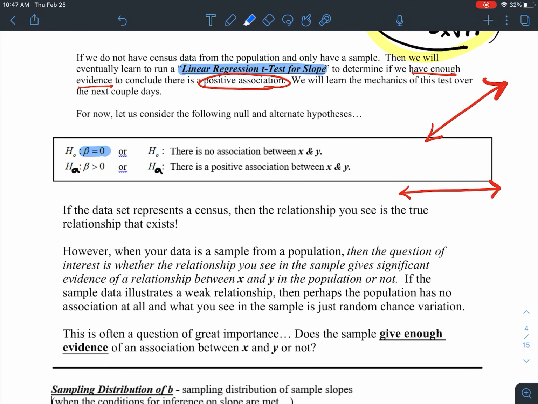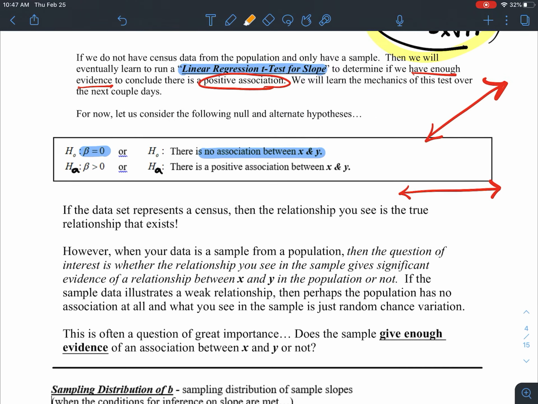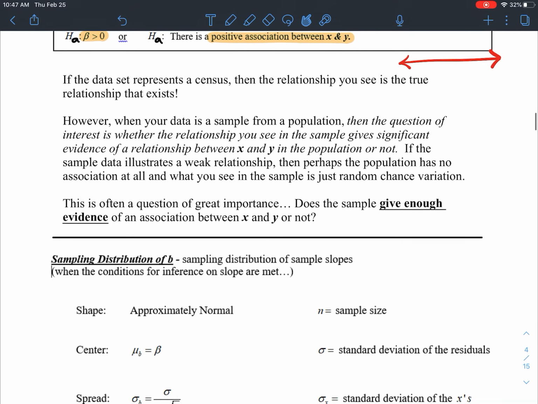So that is equivalent to saying that there is no association at all between the two variables x and y. As opposed to if our alternative hypothesis is trying to suggest that there would be a positive association between x and y, now we're talking about the slope having a positive value. And so we would say beta is greater than 0 as our alternative hypothesis option here.